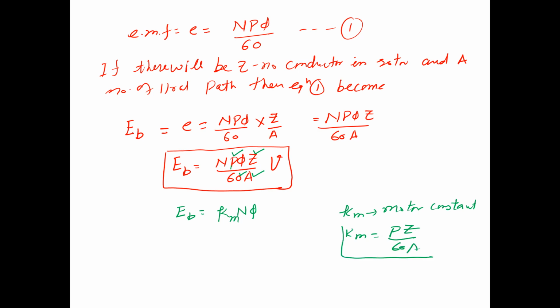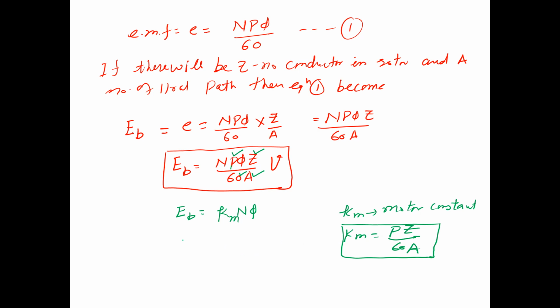Here Z is the number of conductors, A is constant, and P is the number of poles. It is a dimensionless quantity.